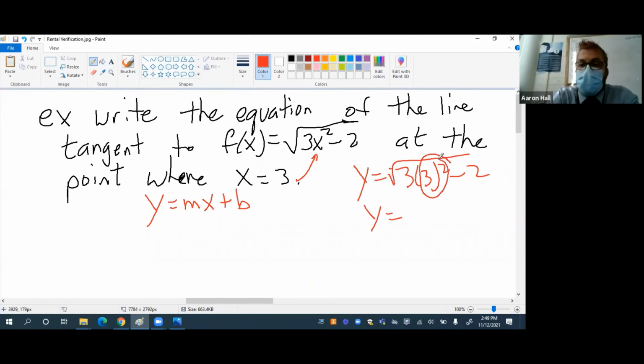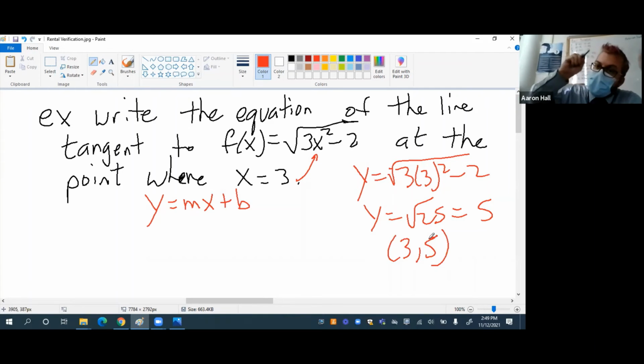We do the exponents, that gives us 9 times 3 gives us 27 minus 2. 25, so I have the square root of 25, which is 5. So the point of tangency is at (3, 5). Agreed? At that point, we have this line that goes through just that one point on our graph.